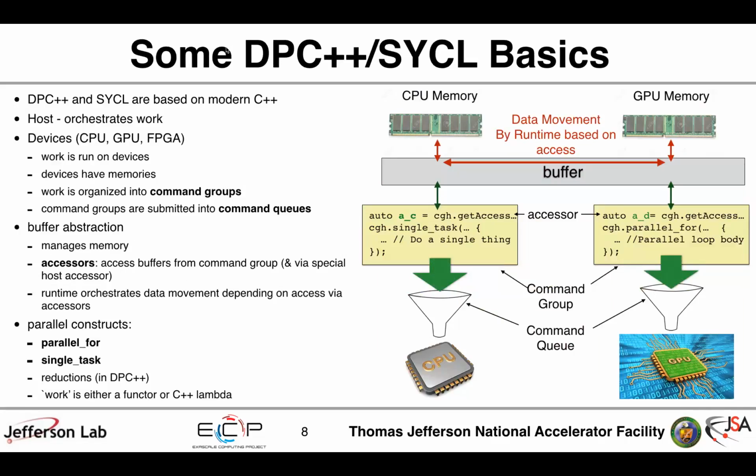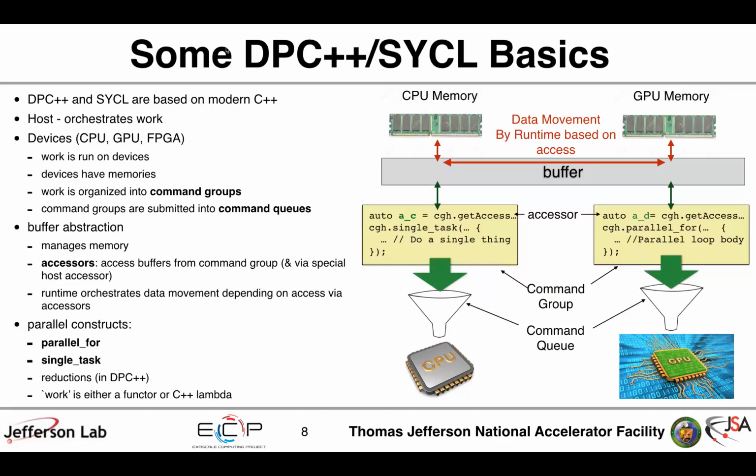I have a CPU on the left and a GPU on the right at the bottom. And you basically submit work to these devices using a command queue, indicated by the funnels. The work you submit to them is called the command group, which is why you will see the letters CGH in CGH single task, CGH parallel for, because CGH refers to command group handler.